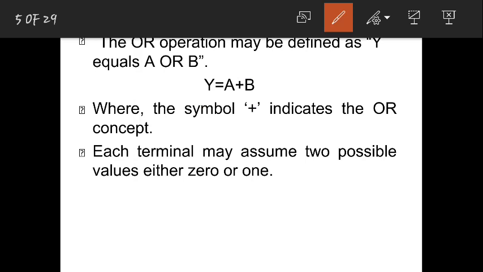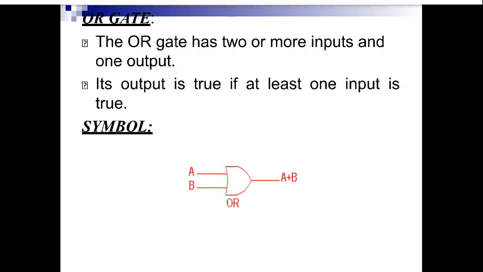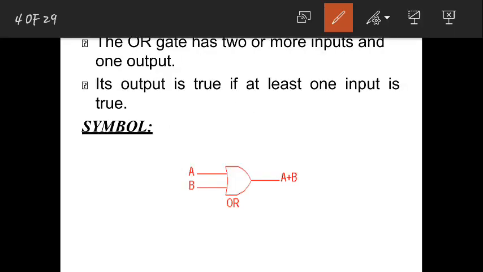The next point is, each terminal may assume 2 possible values, either 0 or 1. Here there is a table. You should write a truth table for every gate. First write the definition of that gate, then draw the symbol. If you only draw the symbol in this way, you won't get full marks, because you need to mention the 2 inputs.